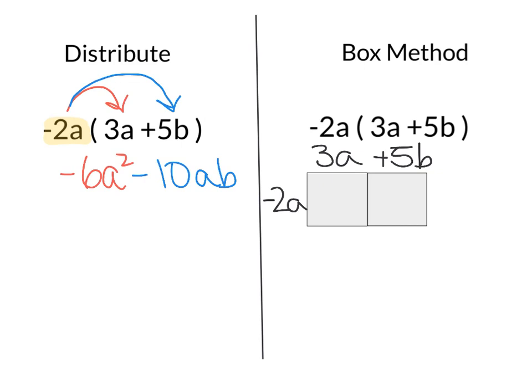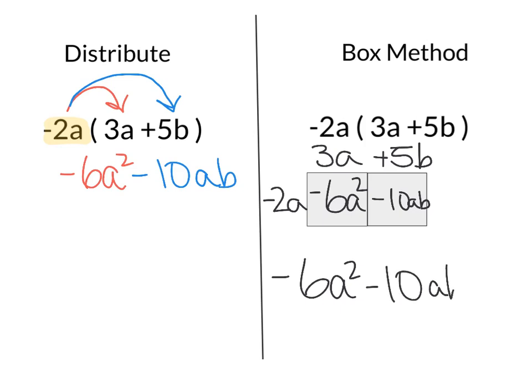So negative 2a times 3a is negative 6a squared, and then negative 2a times the 5b over here for this column is negative 10ab. So if I bring that down here, negative 6a squared minus 10ab, I should be able to compare these two, and they are in fact the same thing. So either method works.